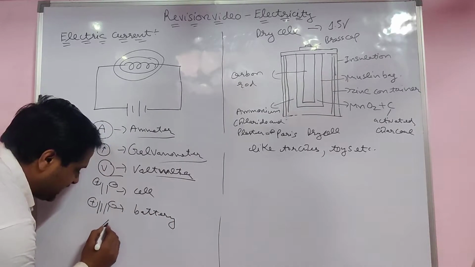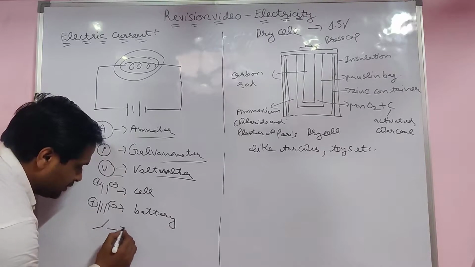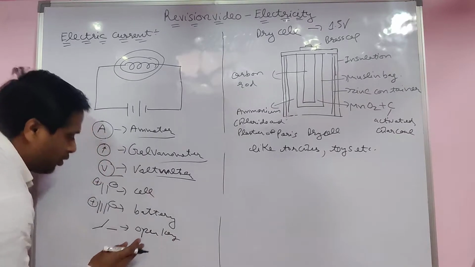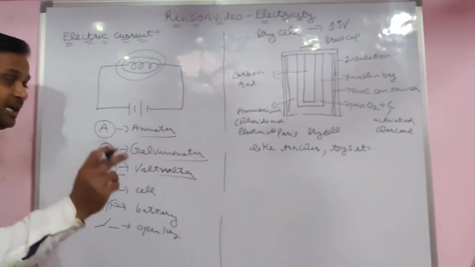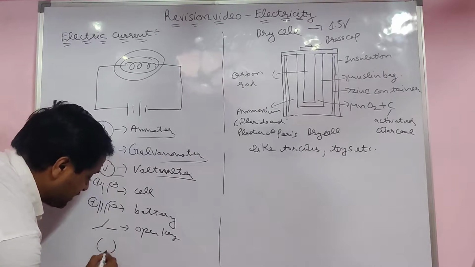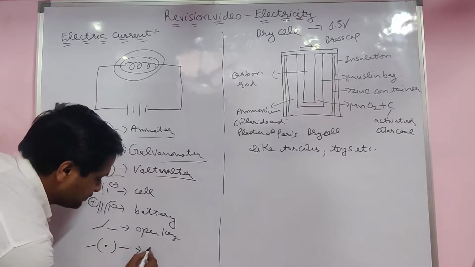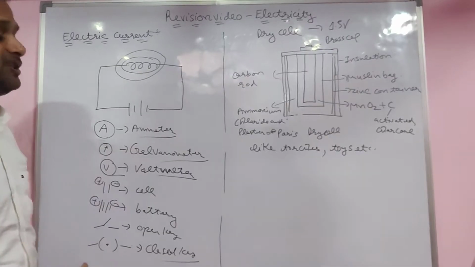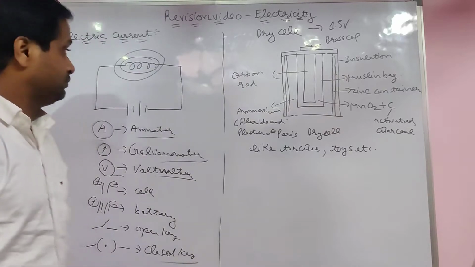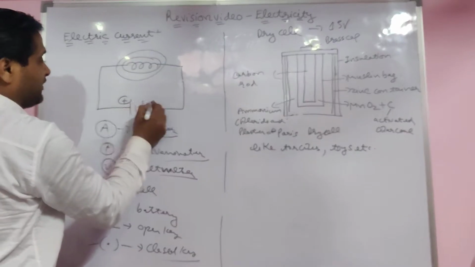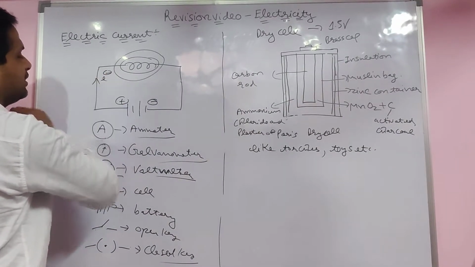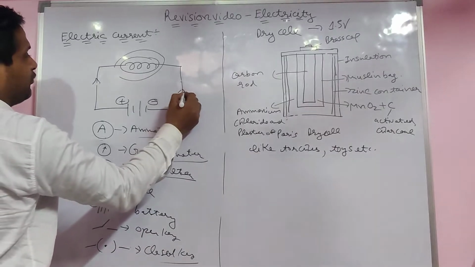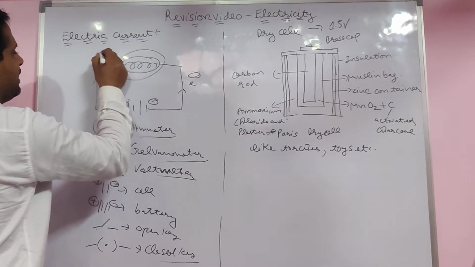For the open circuit, an open key is there. Open key means the button is in the off position, and closed like this. So these are some simple symbols. Here positive, here negative. When current flows, the electrons move from here to there, then the bulb starts glowing.